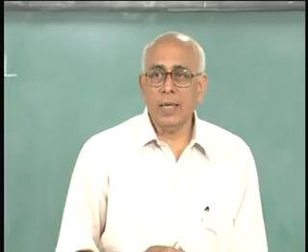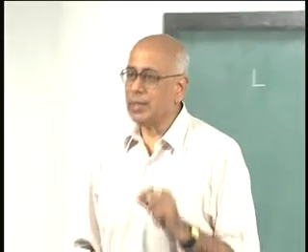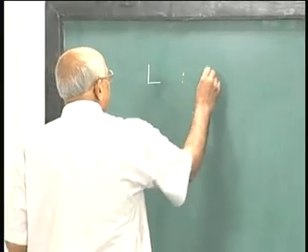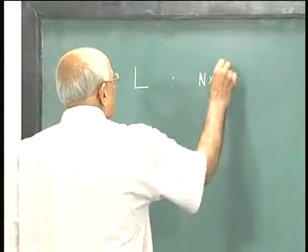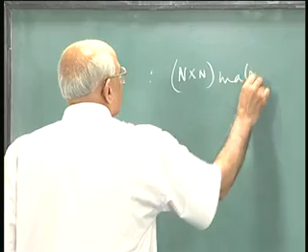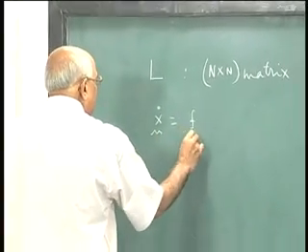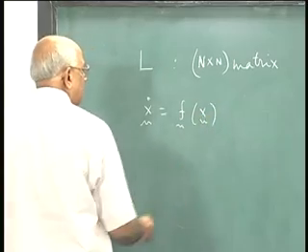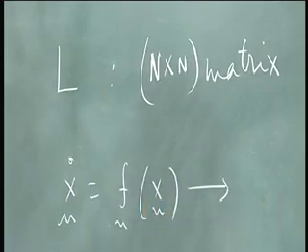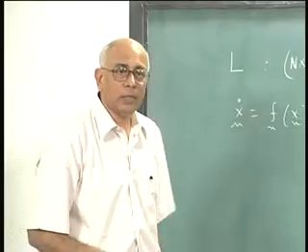But before I do that, I would like to answer this question I had posed the last time: what would be the corresponding analog for an n by n matrix? If you have an n by n matrix, and the dynamical system is x dot is f of x, and this is linearized in the vicinity of a critical point, which let me take to be the origin, for example.